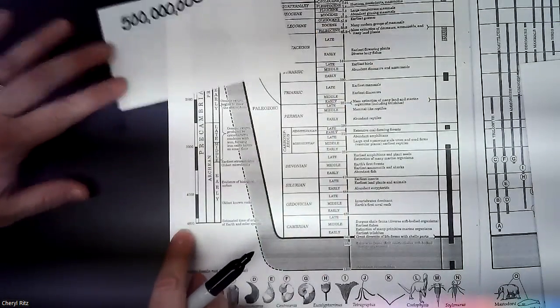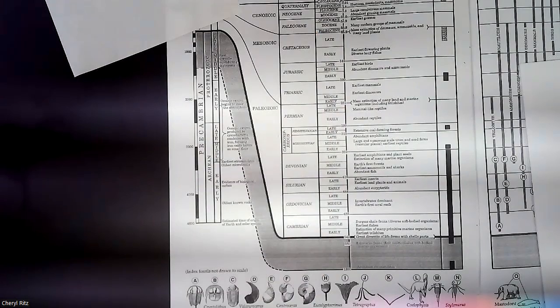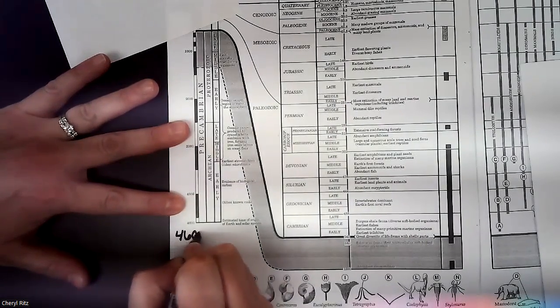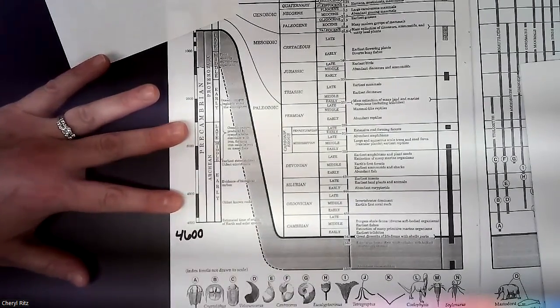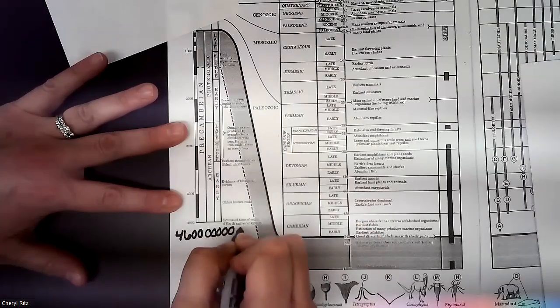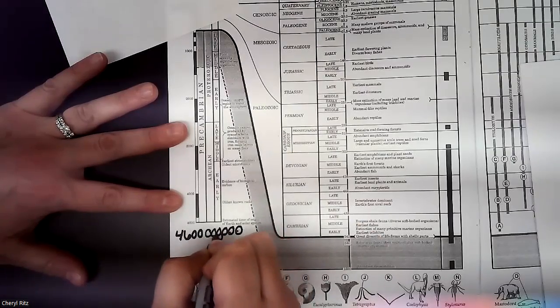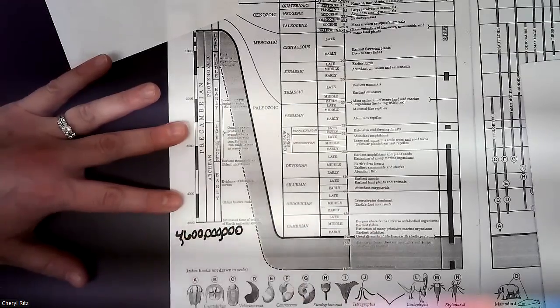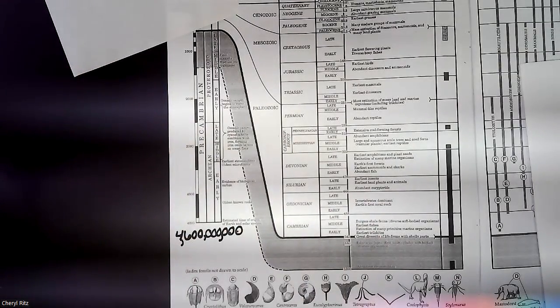So what do you think it means when they have 4,600 million? How do I write that out? So we'll start with the 4,600, and then what should I do? Add 6 zeros. Add a million's worth of zeros. 1, 2, 3, 4, 5, 6. 1, 2, 3, comma, 1, 2, 3, comma, 1, 2, 3, comma. 4,600,000,000.